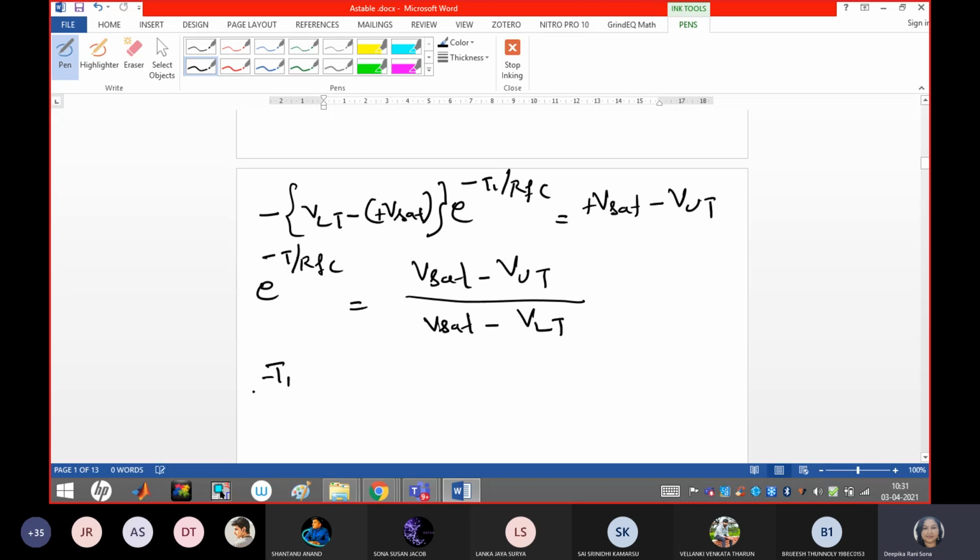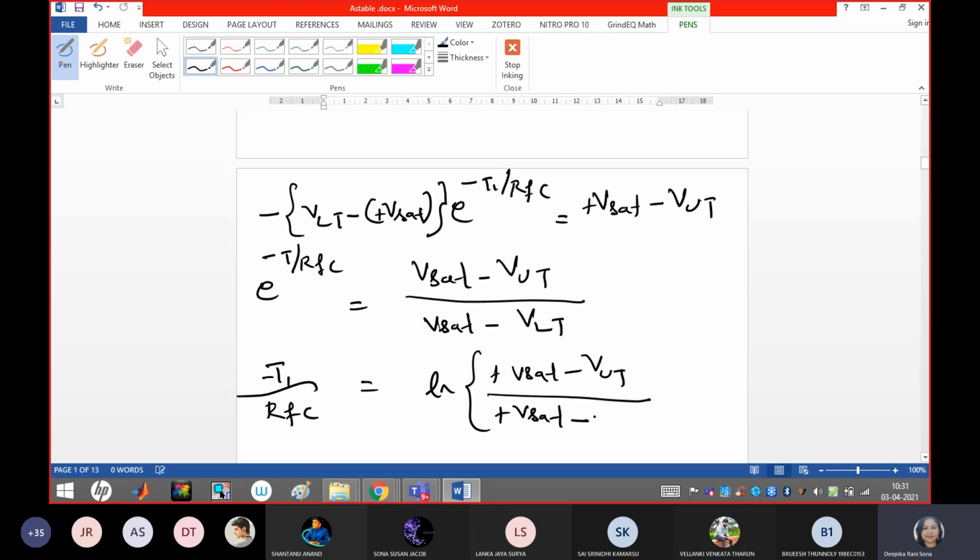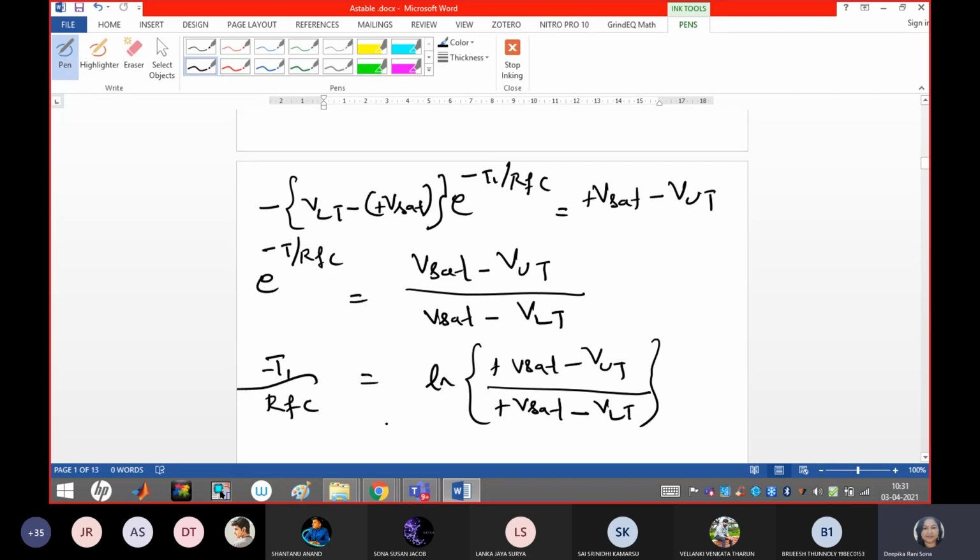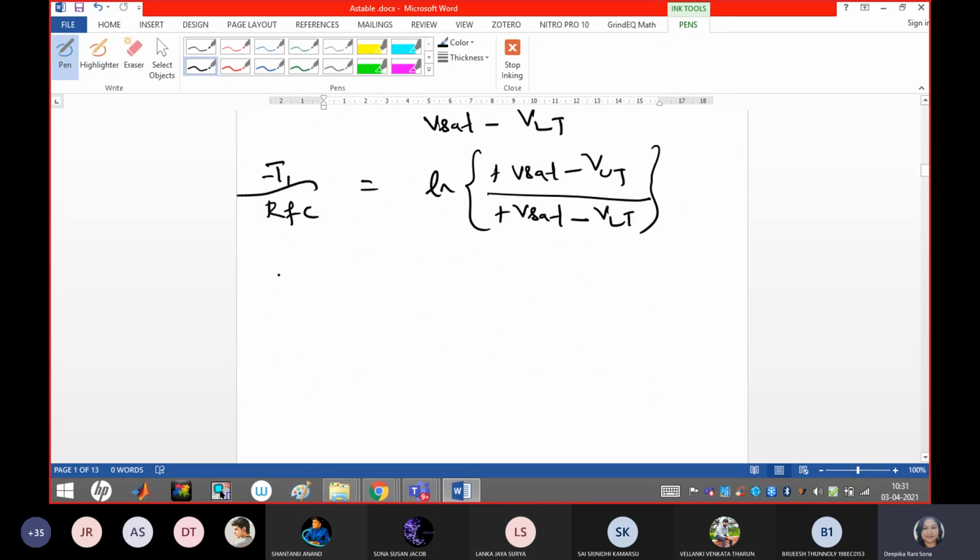So my equation is T1 by RFC, which is equal to ln of plus Vsat minus Vut whole divided by, this is plus only guys, okay, plus Vsat minus VLT. So if I further solve this part to get T1 only, what should be the equation? You tell me guys.